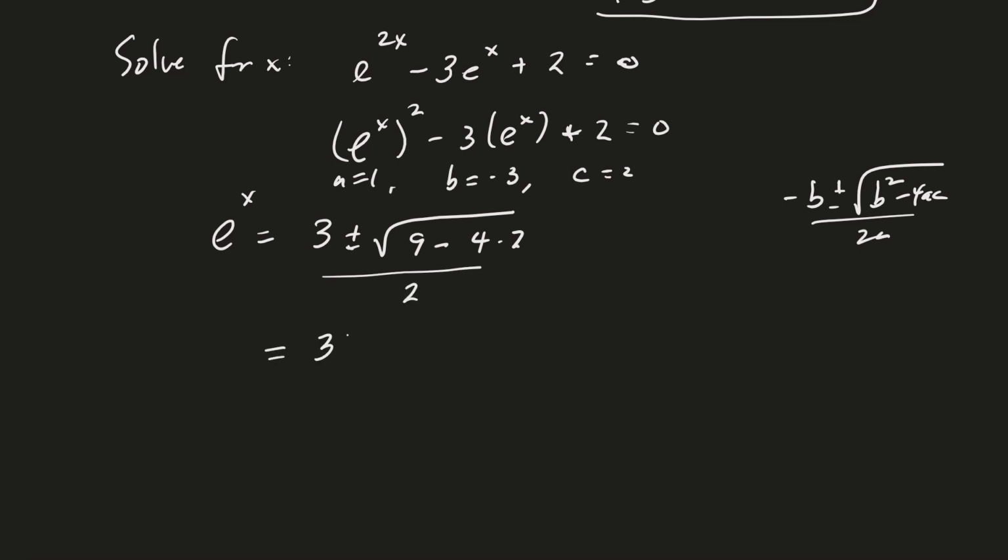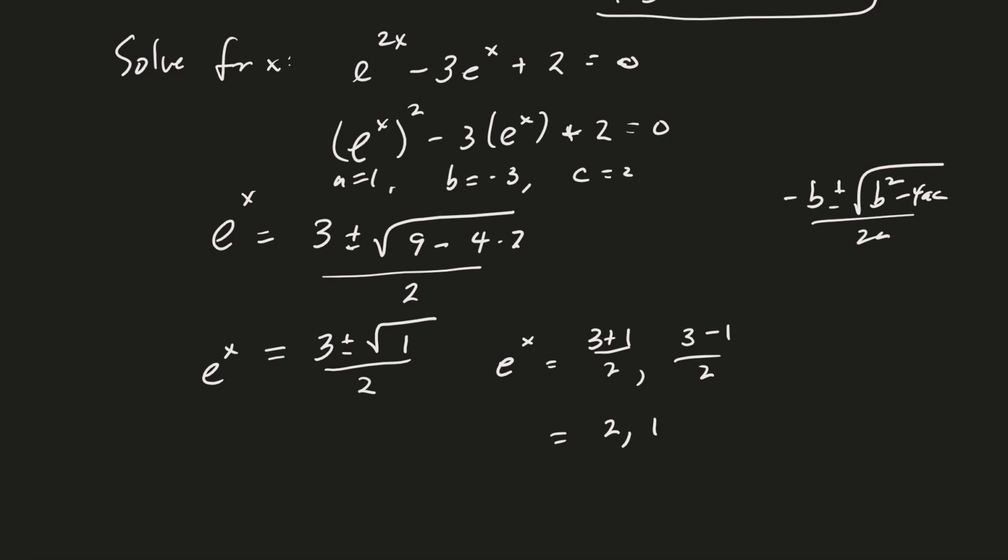So that's going to be 3 plus or minus the square root of 9 minus 8, which is 1, divided by 2. And so e to the x is equal to 3 plus 1 over 2 or 3 minus 1 over 2. So that's 4 over 2, which is 2, and 2 over 2, which is 1.